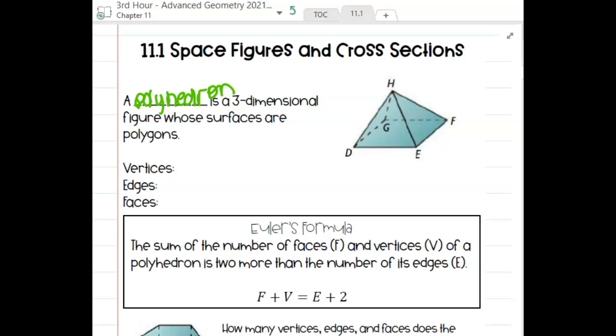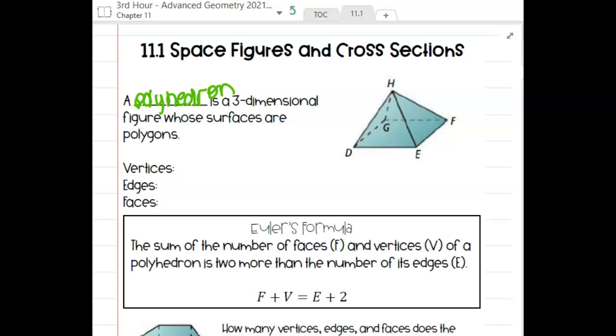Now, it's a three-dimensional figure whose surfaces are polygons. So if it had these weird curved things for faces, that wouldn't technically be a polyhedron. It has to be polygons for the outside surfaces.